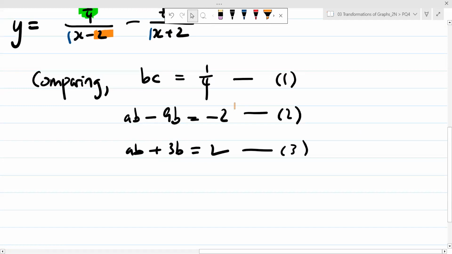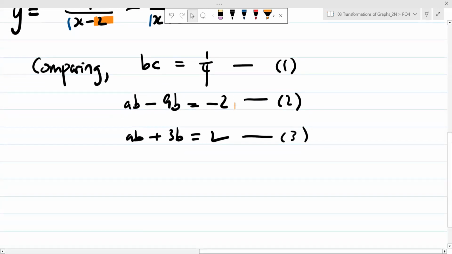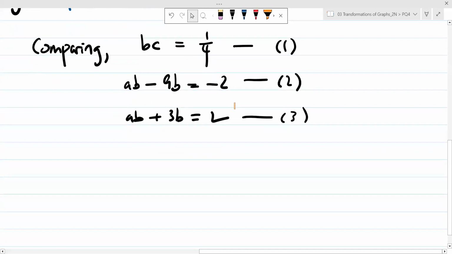The only unfortunate thing is they are not linear lah. They are not like A plus 2B minus 3C. Okay, but you can still try to spot common things that helps you solve them simultaneously. So one thing I can see here is that if I took 2 minus 3, or if I took 3 minus 2, I will be able to eliminate the AB. Okay, I think take 3 minus 2 is better now.